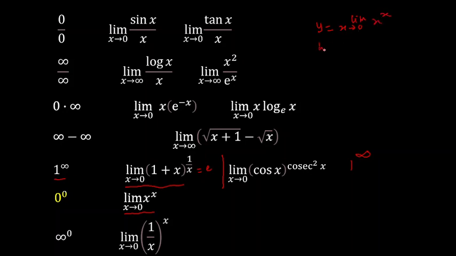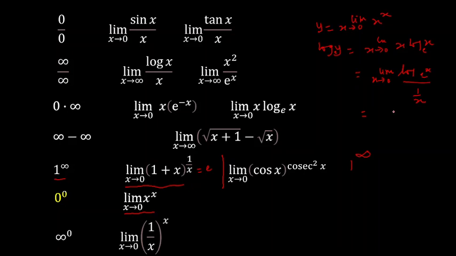In that case, log y is x tends to 0 limit x log x, where the log is taken on base e. So it is log of x to the base e divided by 1 by x, x tends to 0 limit. And now it is infinity by infinity form.